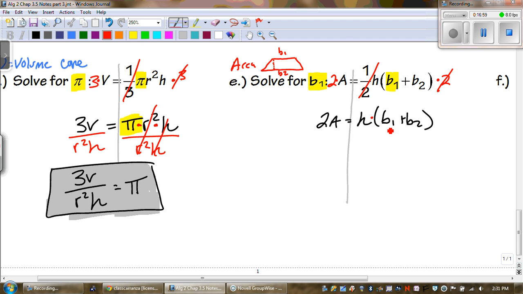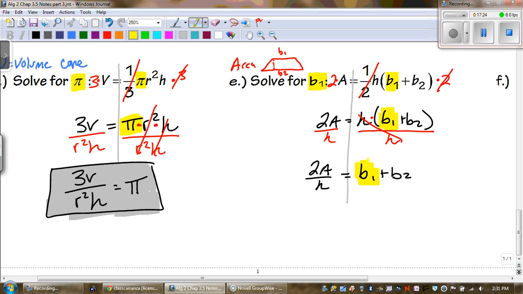Remember, we don't distribute that h. I want to divide by the h to move it to the other side, because my base 1 is right there. So we have 2A over h equals your base 1 plus base 2.